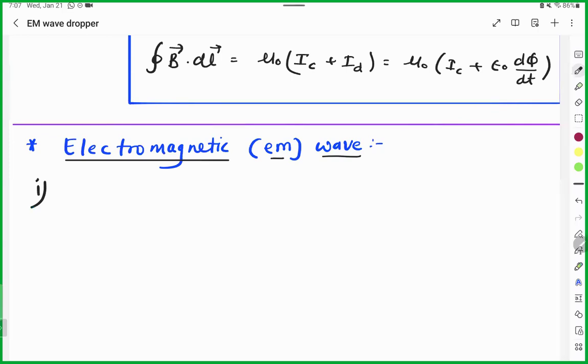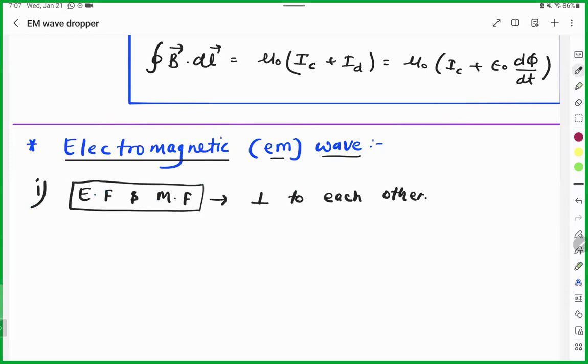So first point, in an electromagnetic wave, electric field and magnetic field are perpendicular to each other. We already did this. And these two, electric field and magnetic field, are also perpendicular to the direction of propagation of the wave.